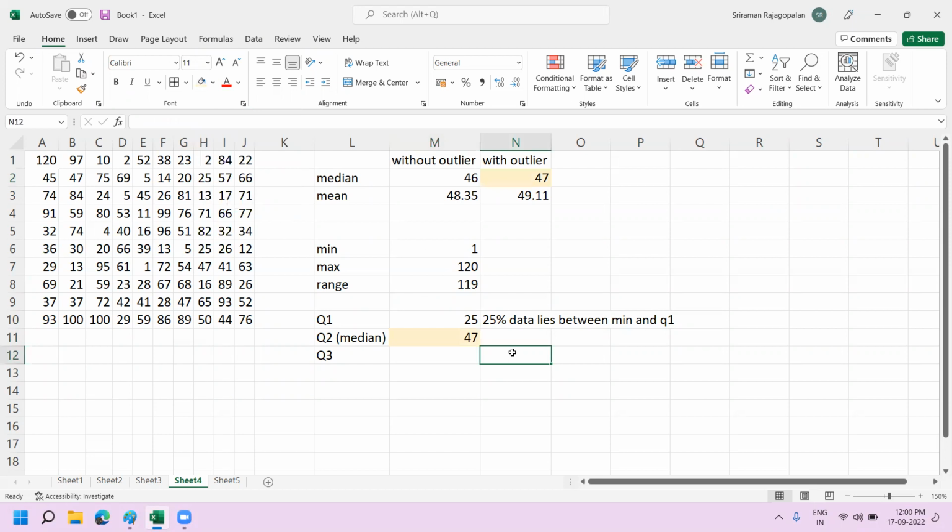Okay, so quartile is the same as median. Both are having the same number. So what is the interpretation of quartile 2? It lies between Q1 and Q3. What lies between? Q1 to Q3 data points. That is IQR.